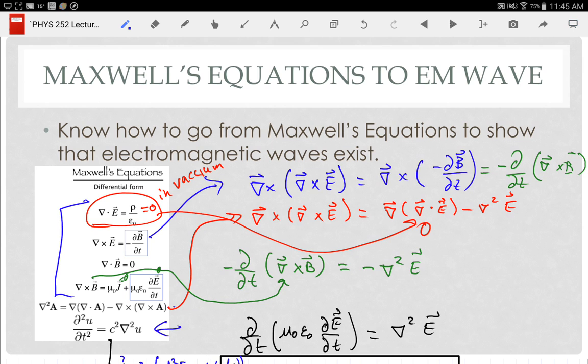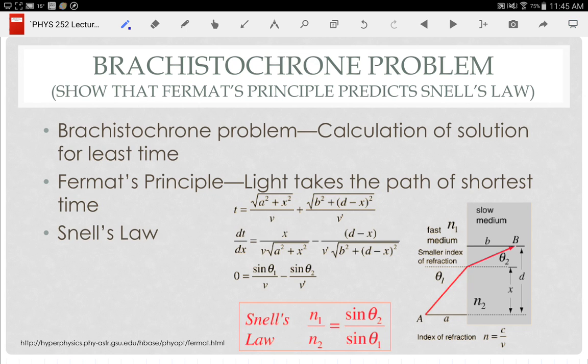Okay, moving on to the second type that we could have. The brachistochrone problem as we applied it to Snell's law. That is, we used Fermat's principle that light travels from point A to point B in the path of least time, and then solved to find what path that would be, and in the end came up with Snell's law.